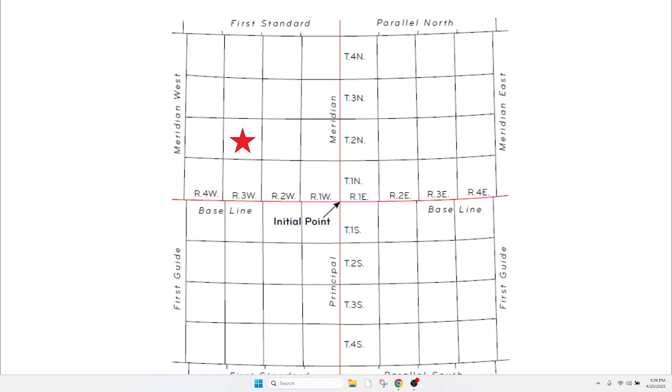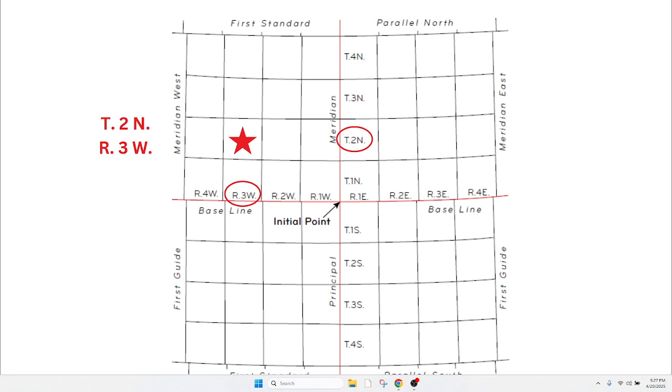Now that we understand the numbering system, let's identify the individual township with the red star. It's in the second row north of the initial point, thus it's in Township 2 North, and it's in the third column west of the initial point, thus range 3 West.